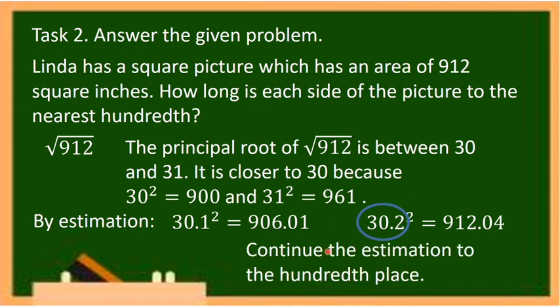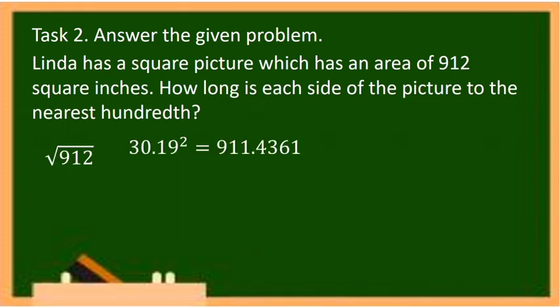Continuing the estimation to the hundredth place of the square root of 912, since it is closer to 30.2, we will choose a decimal number to the hundredths place lower than 30.2. So we have 30.19. The square of 30.19, or 30.19 times 30.19, is equal to 911.4361. The next one is 30.20.